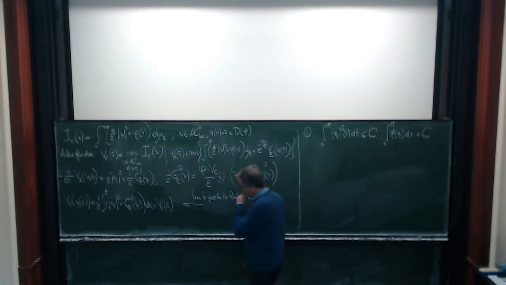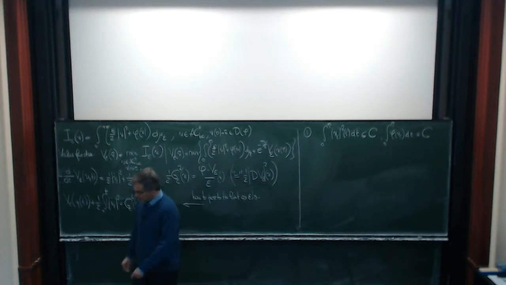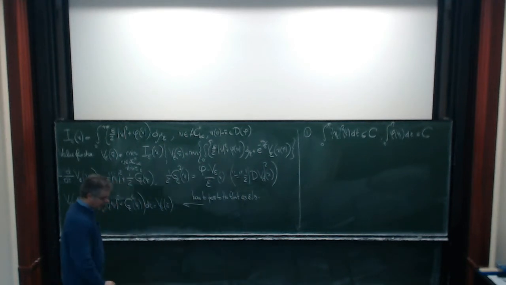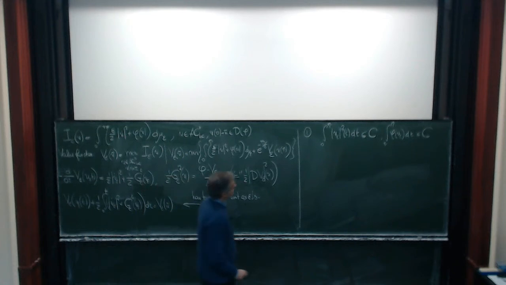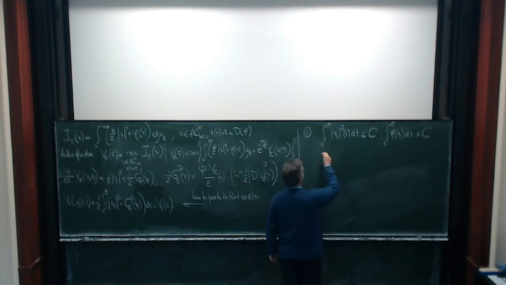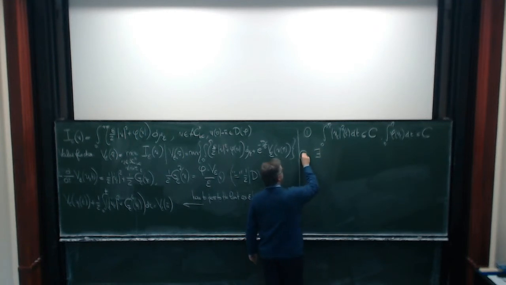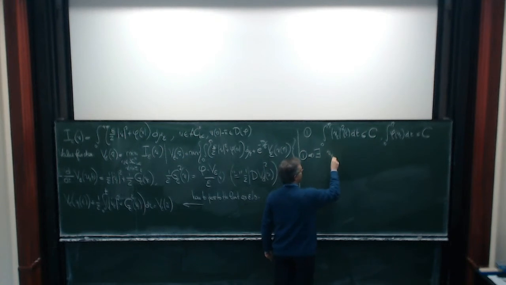By the compactness theorem I showed you in the second lecture, from these a priori bounds we can conclude that there exists a subsequence u epsilon n such that u epsilon n converges to u pointwise.